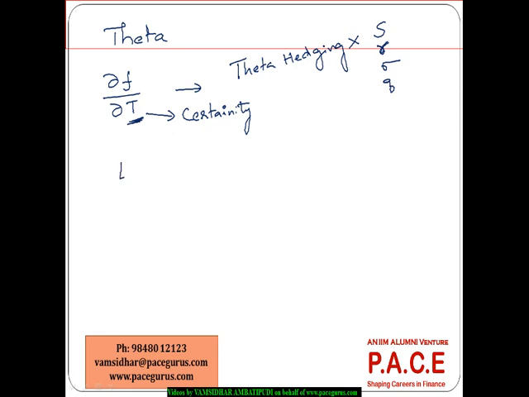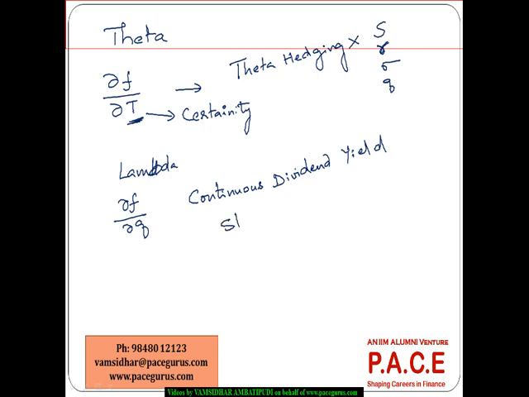Similarly, if I am looking at lambda, I am talking about the sensitivity of the price of the derivative with respect to the continuous dividend yield. And what we see is that over a small period of time, which is the typical maturity period of the derivative, the dividend yield is more or less stable.